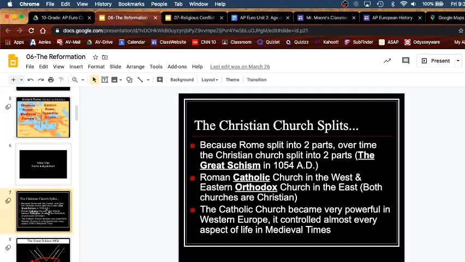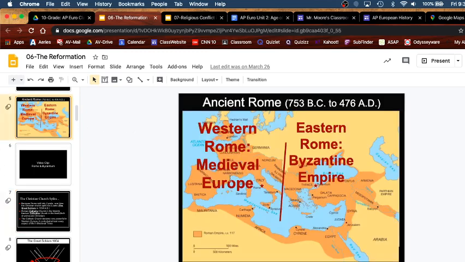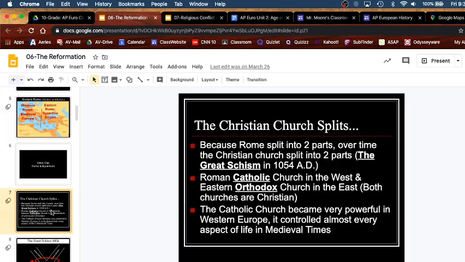And this goes back to the old Roman Empire. When Rome split, the West fell apart into medieval Europe, and the East remained a powerful, unified Roman Empire that in history we call the Byzantine Empire. And because Rome split at almost the same time as it was adopting Christianity, because it split, then Christianity is over time going to split.